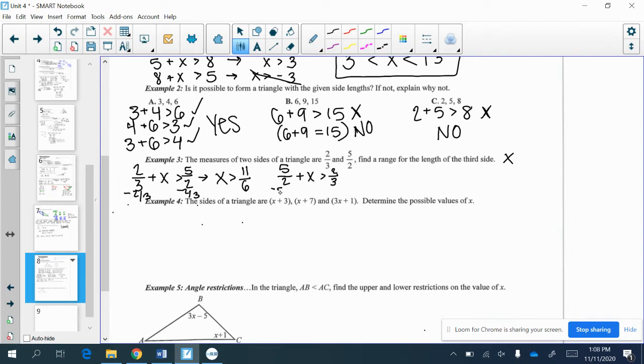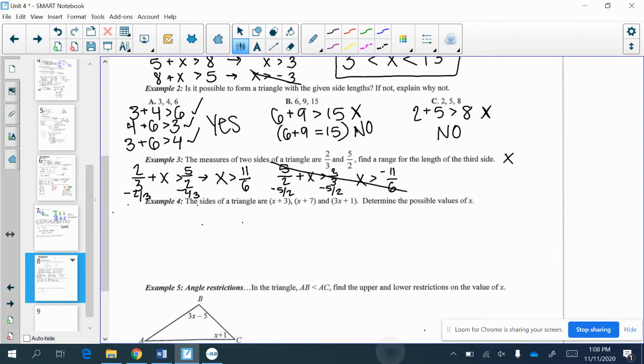So if I subtract 5 halves from both sides, x is greater than 2/3 minus 5 divided by 2, which is negative 11/6. Again, you cannot have a negative side length, so that doesn't work.